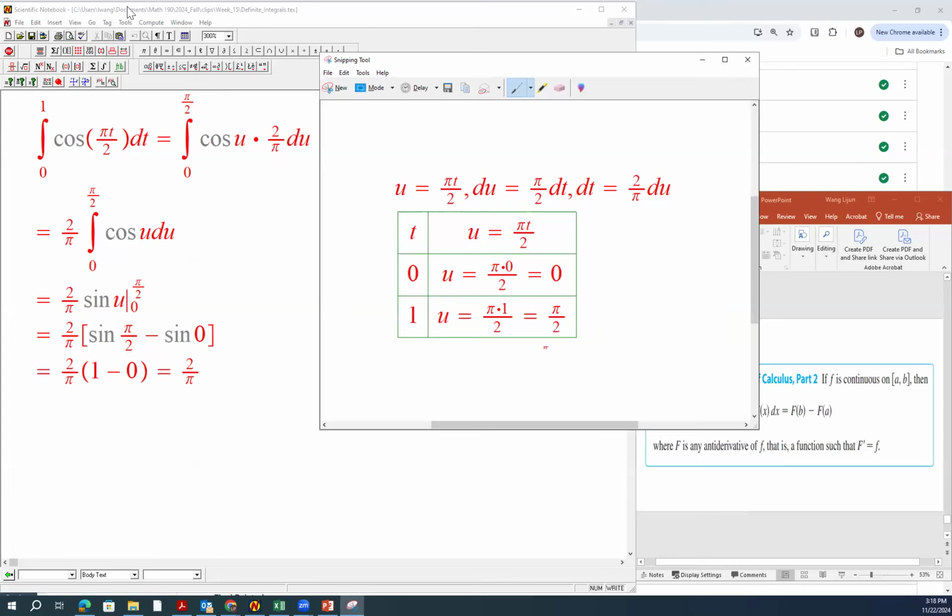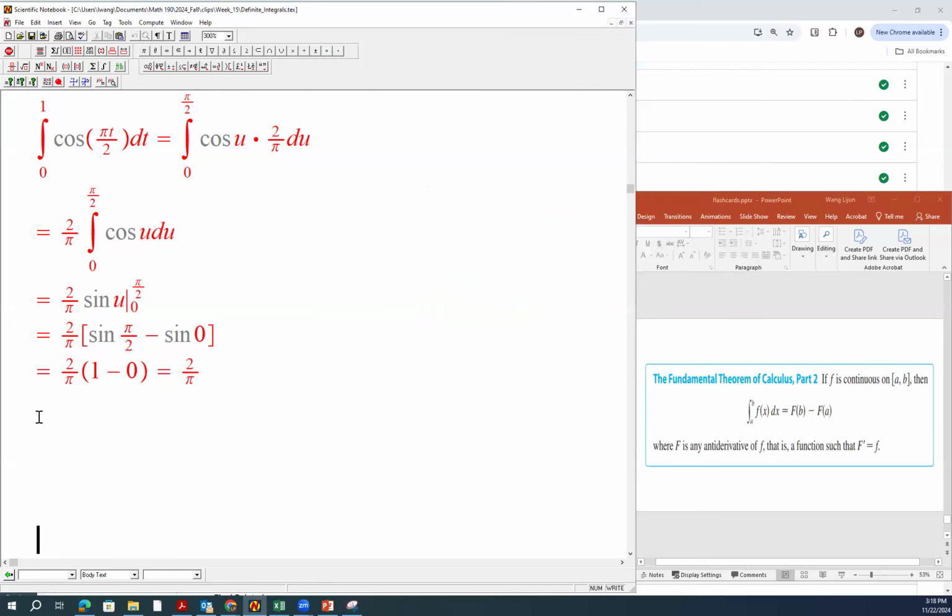So this is your work with substitution, and your U part is shown on the other half of the paper. You can show it that way. So this is one way to show work.